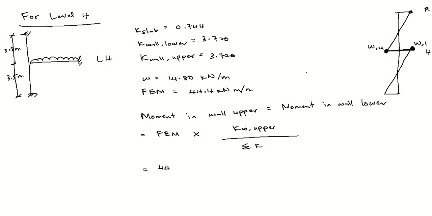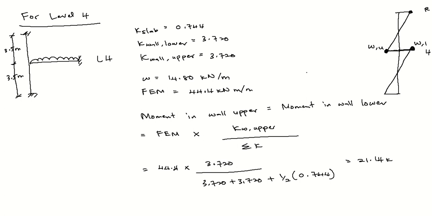So 44.4 times 3.720 divided by 3.720 plus 3.720 plus just half of the K of the slab, 744. This will bring you a value of 21.14 kilonewton meter per meter. Okay, so this is what we get now.